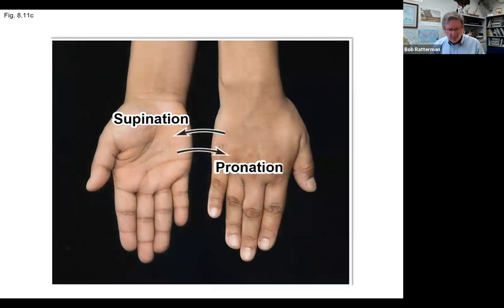Supination and pronation relate specifically to the hand or palm. During anatomical position, which you all know is standing with the palms facing anteriorly forward, the hand would be in the supine position.